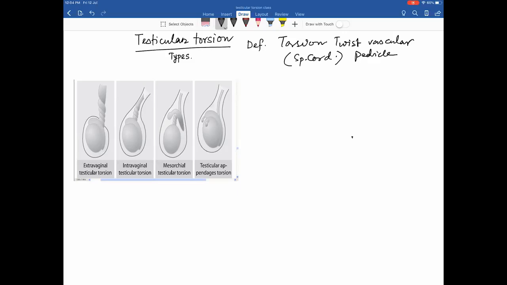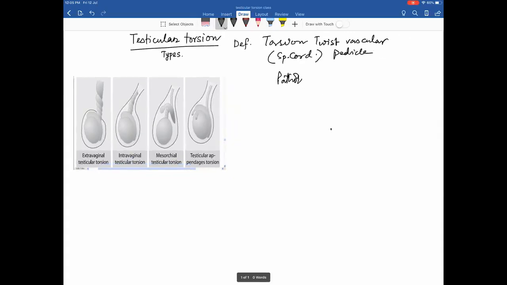Now, to start with, the first is the pathology about why does a torsion happen. What is important is that a testicular torsion, please remember, is known to happen either due to an extravaginal cause or an intravaginal cause. So when you talk about the pathology, you can have an extravaginal cause.